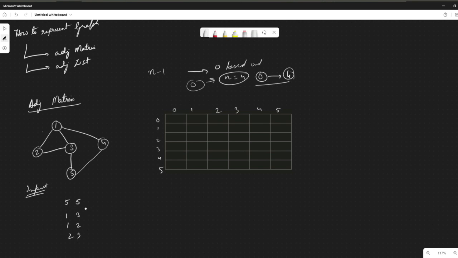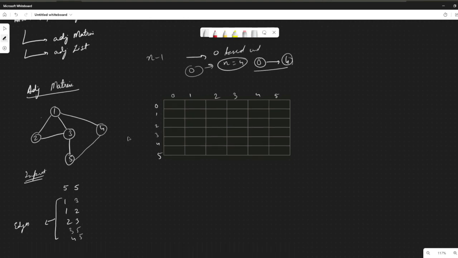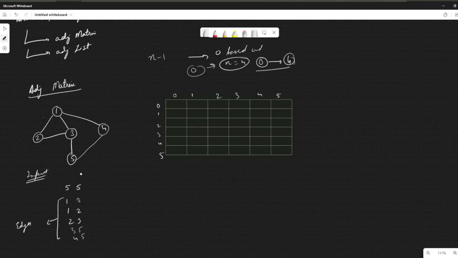Basically it represents the edges of the graph. Okay, simple. 1 3, 1 2, 2 3, 3 5, 4 5, and there is one more, 1 4.